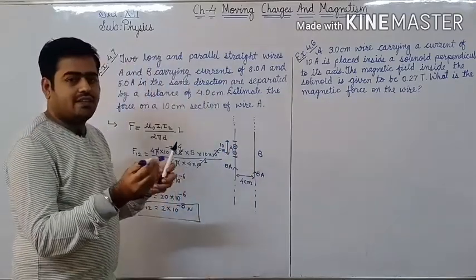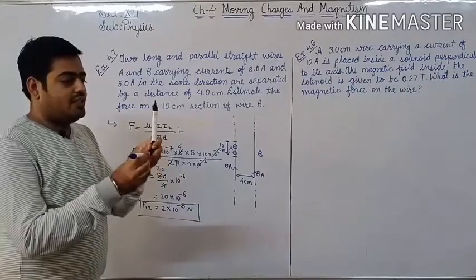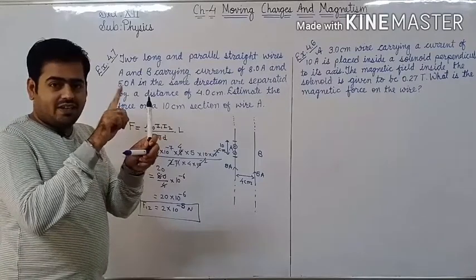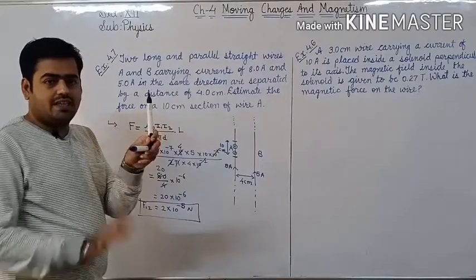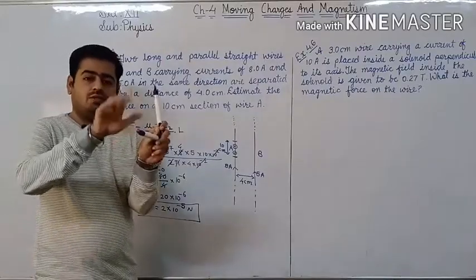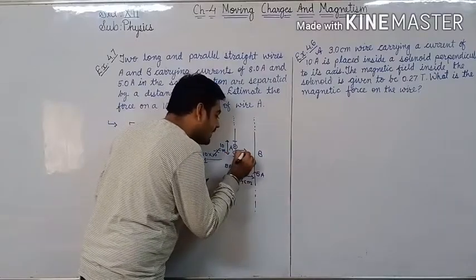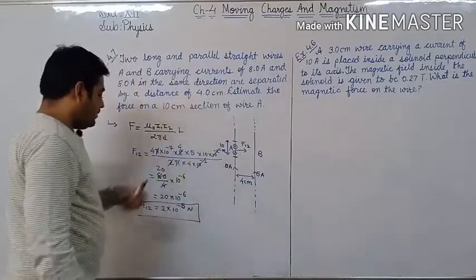So the magnetic field is outside, and the current is in the upper direction. We just have to rotate the first vector towards the second. L vector will be in this direction, magnetic field is in this direction. First towards second, right hand thumb rule. The force will be towards the second wire. This is the direction of F12.